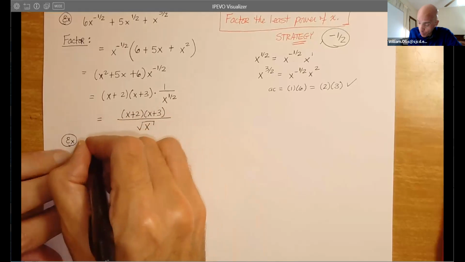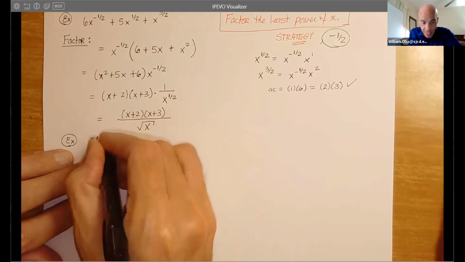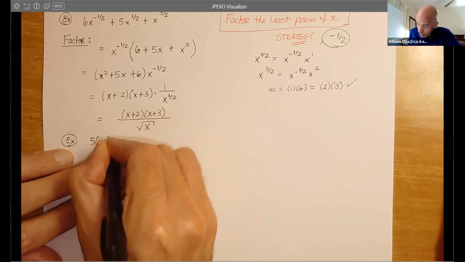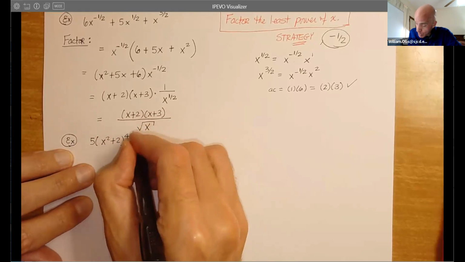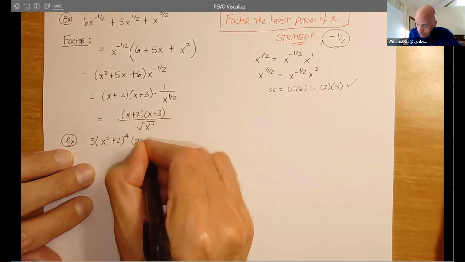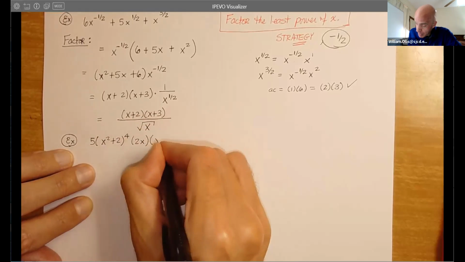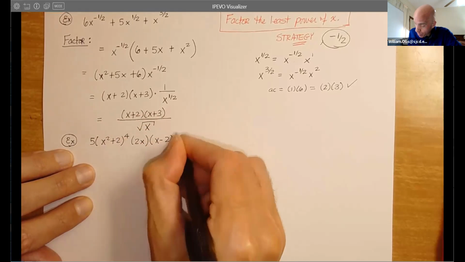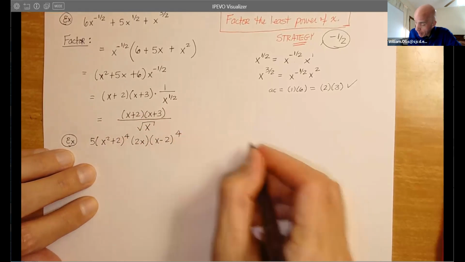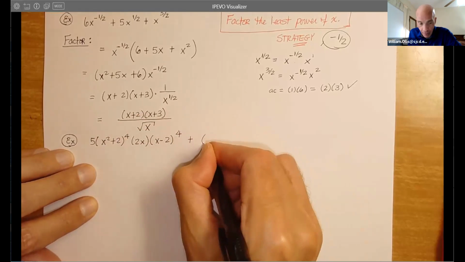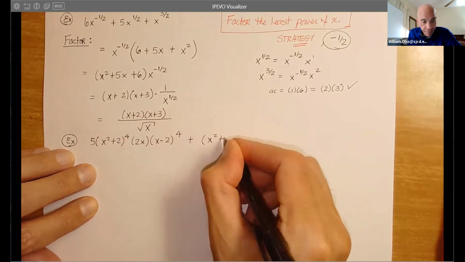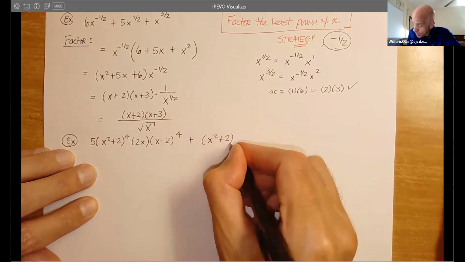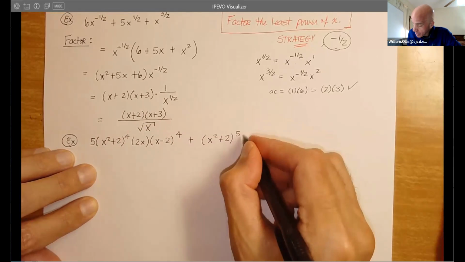So for instance, we have 5 times (x squared plus 2) to the 4th power times 2x times (x minus 2) to the 4th. That's the first term, plus (x squared plus 2) to the 5th power times 4.